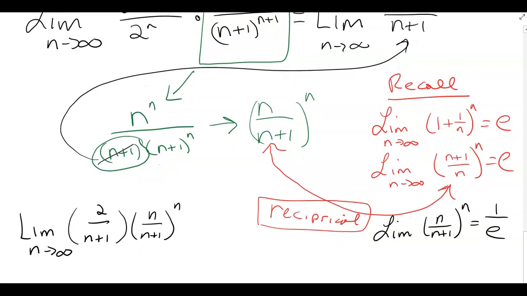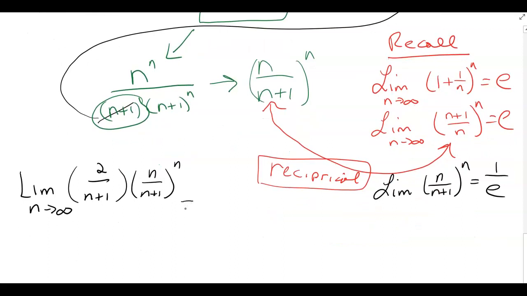Well, when you plug in infinity, the first one is simply going to go to 0, right? Because you have 2 over infinity. When you plug in infinity to this second one, you get 1 over e. So that is just 0.